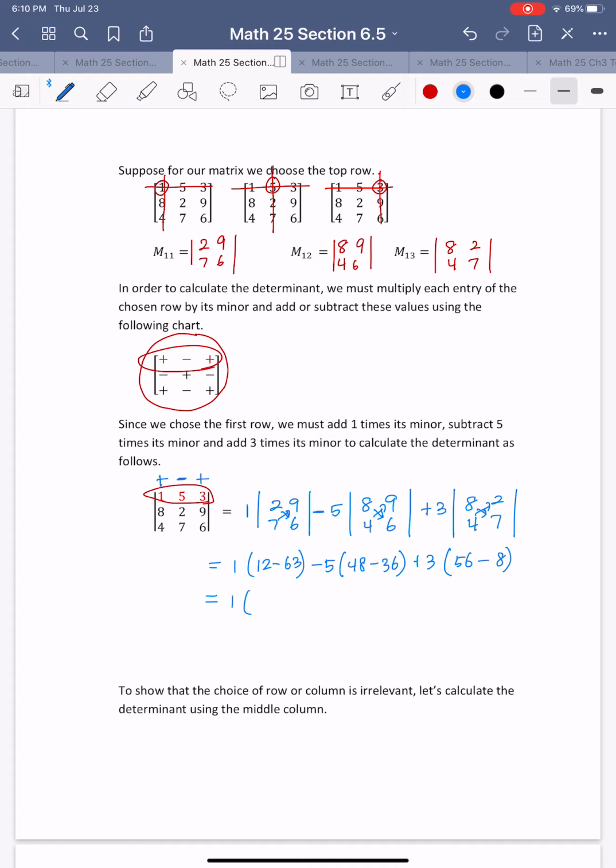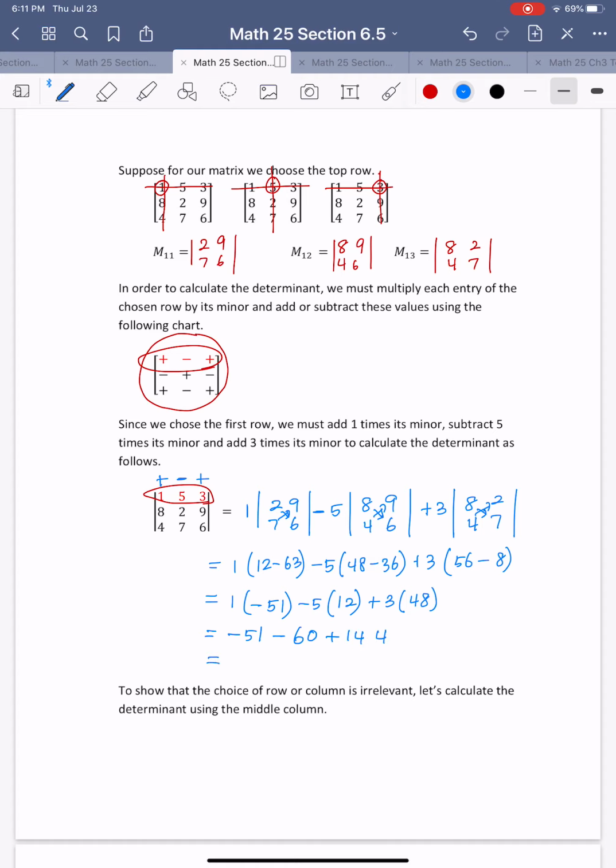So 1 times negative 51, minus 5 times 12, and plus 3 times 48, sorry, 48, right? 48 plus 56, right? Okay, and then I got negative 51 minus 5 times 10, 60, and plus 3 times 48.